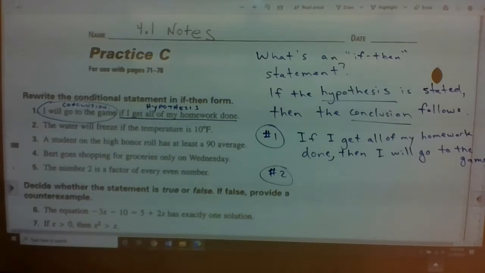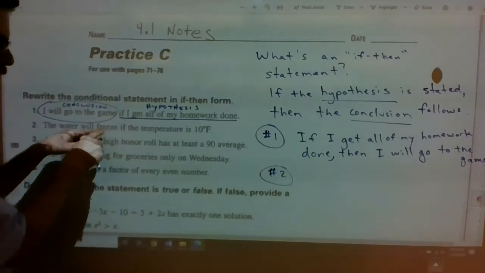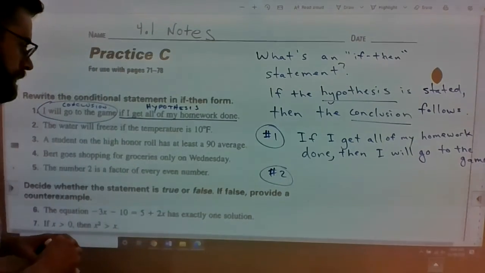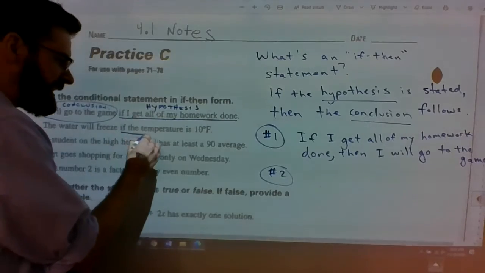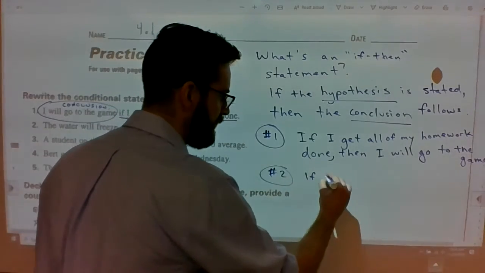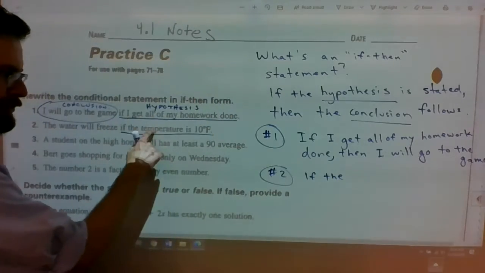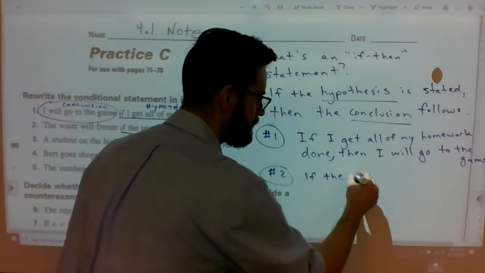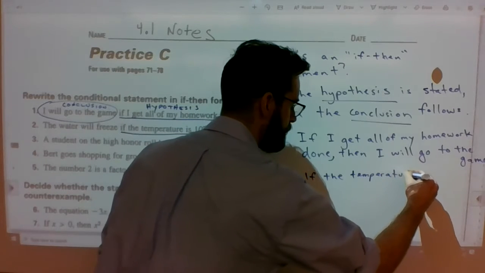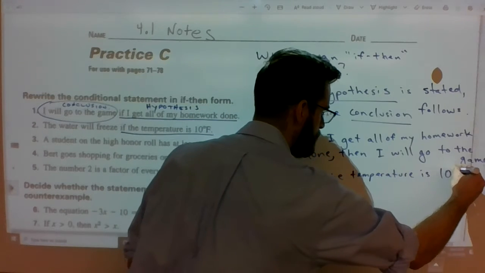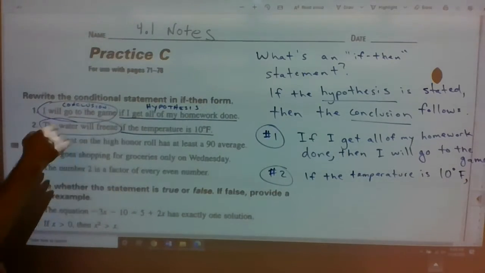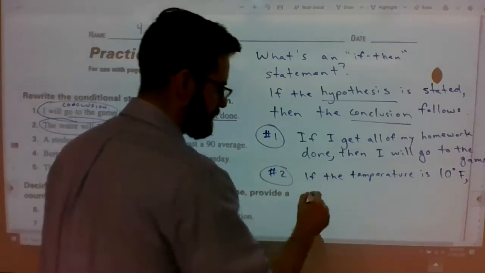Okay, let's see if you're correct. The water will freeze if the temperature is 10 degrees Fahrenheit. Well, they're giving us the if portion right there. If the temperature is 10 degrees, then the water will freeze.